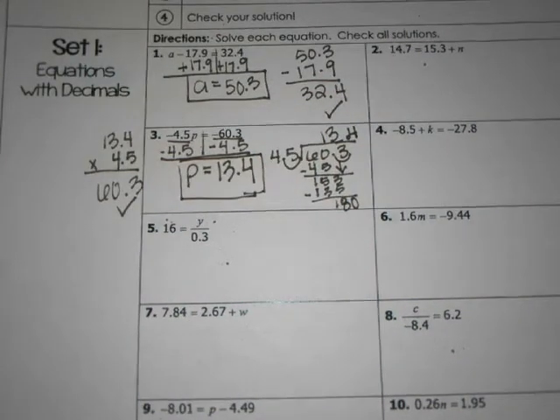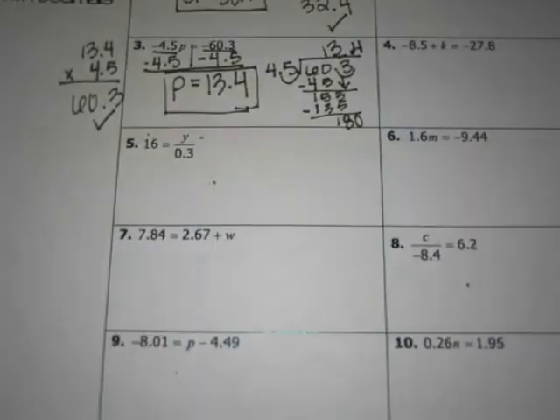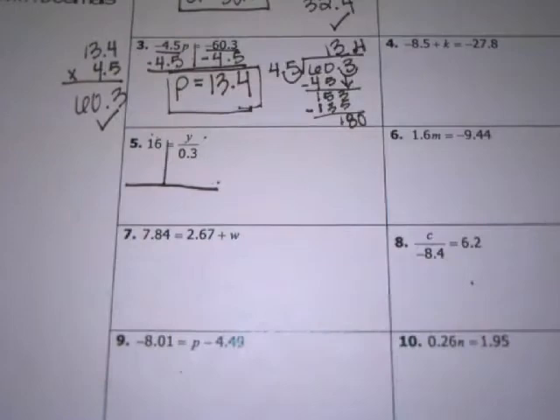Okay, let's go to number 5. Draw your line. What am I doing on this problem, you guys? Multiplying by what?